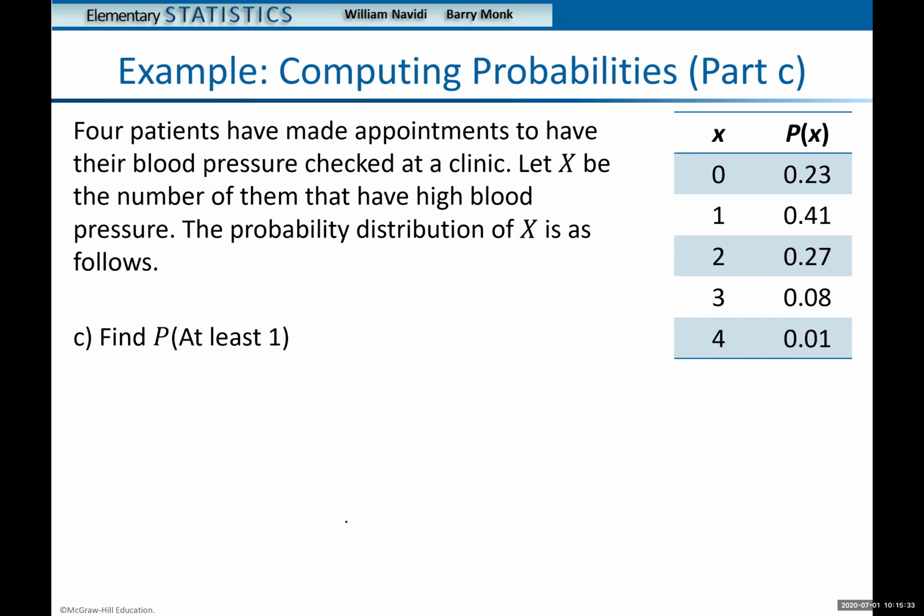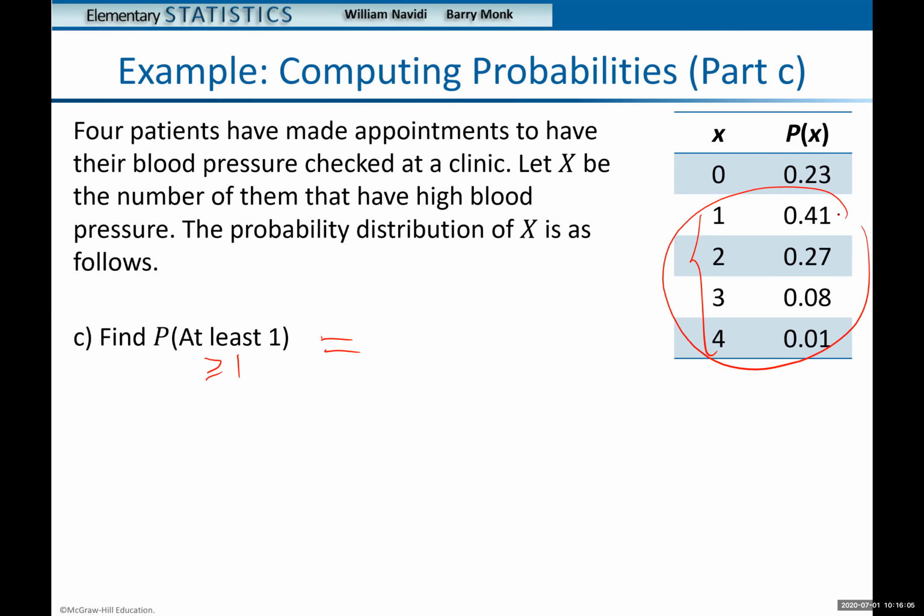At least 1. You learned yesterday about getting the probability of at least 1. You remember, at least 1 is greater than or equal to 1, meaning from 1 to 4.